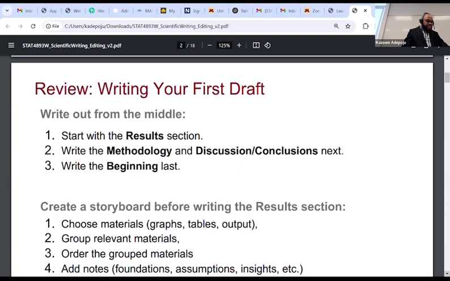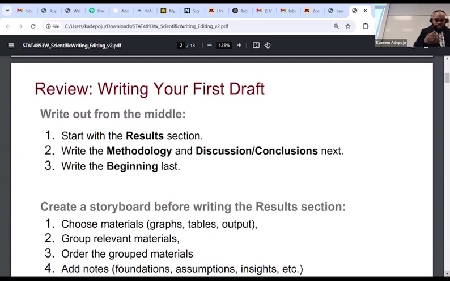And let me tell you this: writing the result first ensures that all interpretations and discussions are grounded in the actual findings, because it gives the audience an opportunity to see what I want to interpret and what I want to base my discussion and conclusion on.